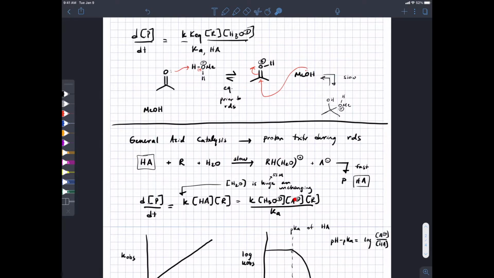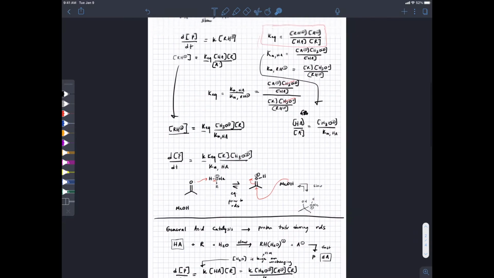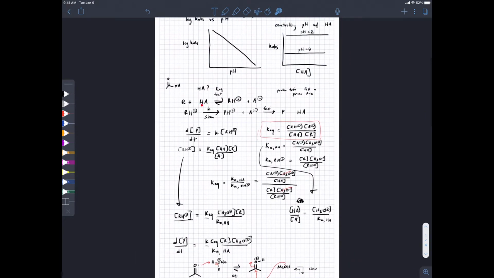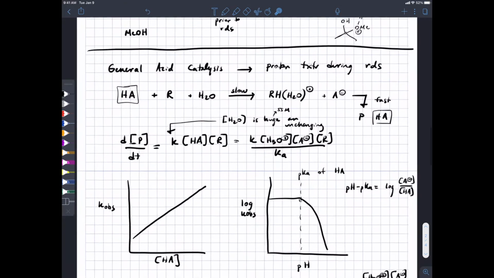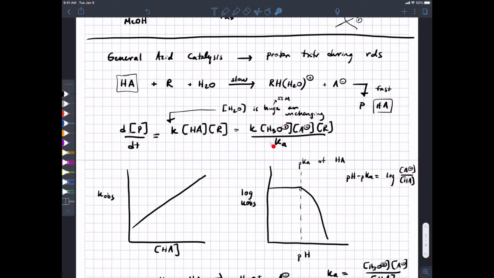Yeah, that A-. The lack of a concentration of conjugate base up here tells you the equilibrium between acid and conjugate base doesn't matter. It's only the pH that matters. Whereas here for general acid catalysis, that equilibrium does matter.